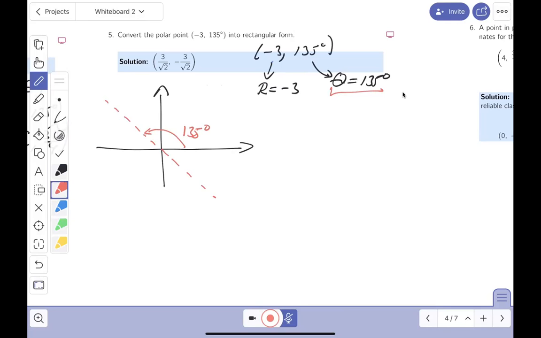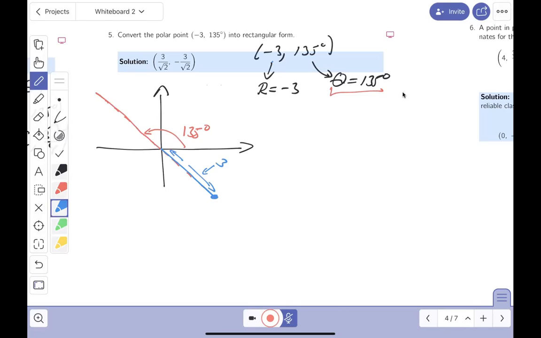And then the next thing I look at is the directed distance. Now, I want to point out 135 is in this direction over here. But what do they want me to do? They want me to go in the opposite direction 3 units. So let me put that down for you. That point's over here. So this length over here is 3 units. Here comes the problem. Just by looking at it, you should have a really good idea what that point is.